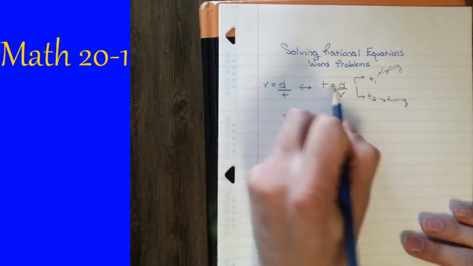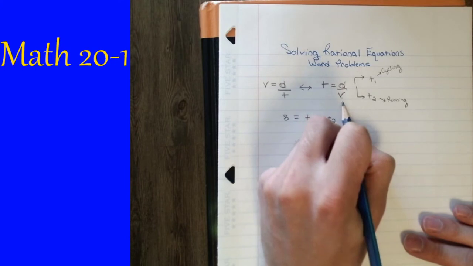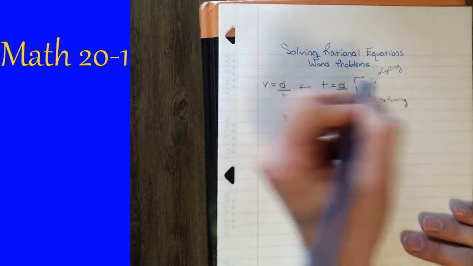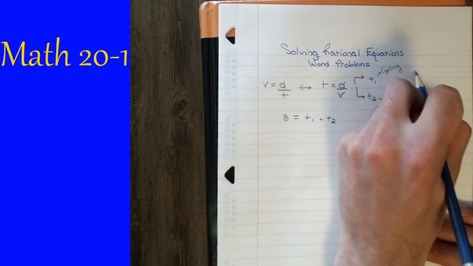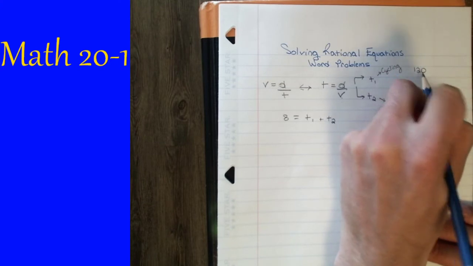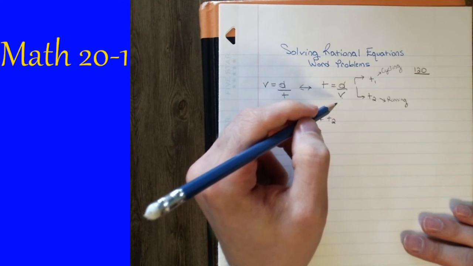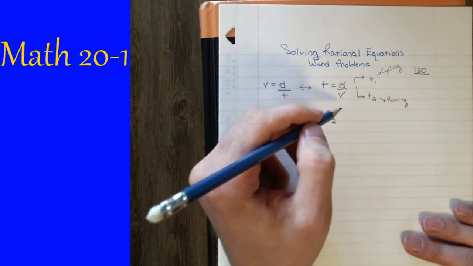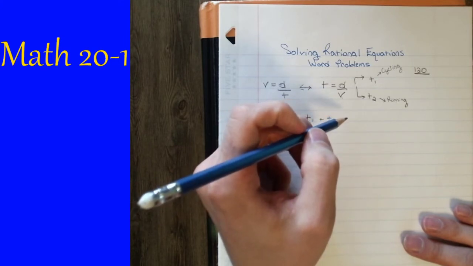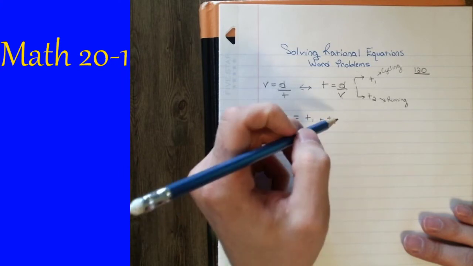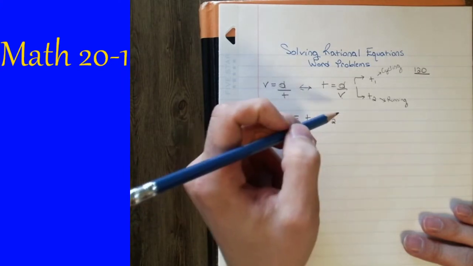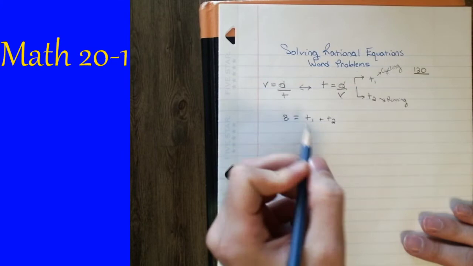So I'm going to set up distance over velocity for both of those things. So for cycling, the distance is 120, and the velocity, we don't know exactly what that is, but we do know that he cycles 8 times faster than he runs. So I'm going to leave that be for just a moment.